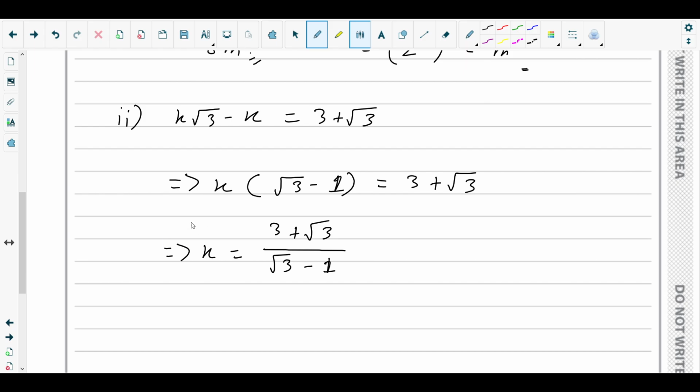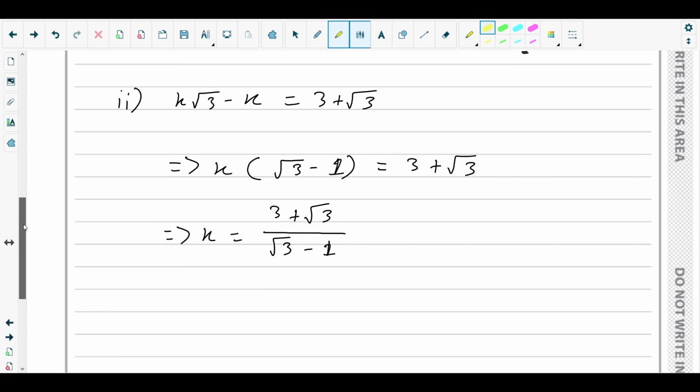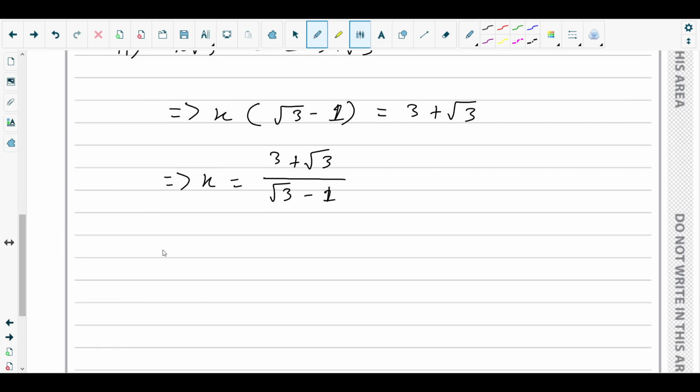We have the solution, but there's a hint: we need to represent it in the form p plus q square root of 3. This is a concept from chapter 1 of your P1 book: you need to rationalize the denominator, because in the denominator there's an irrational number, square root of 3.